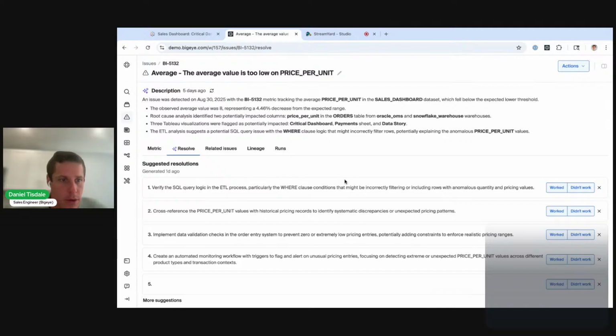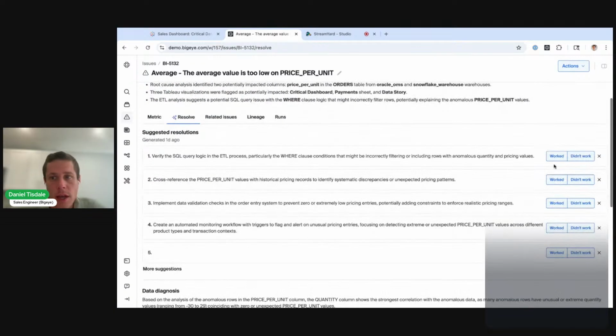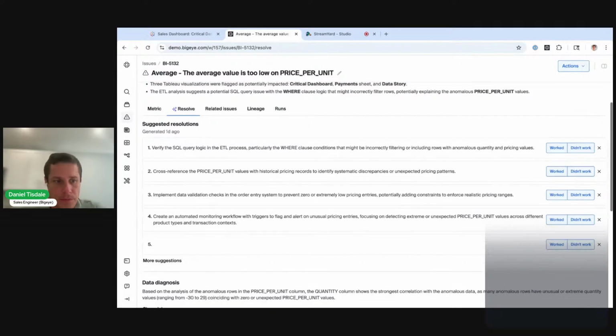So this one's telling me to verify the SQL logic, make sure the price per unit values match historical pricing records, and see if there's any sort of unexpected pricing patterns. And I can mark whether any of these worked or they didn't work. That history would be saved in the future so that if there's another data quality issue related to this specific column or this table, you have context and understanding of, hey, these are the steps that we worked through to actually resolve this specific issue.